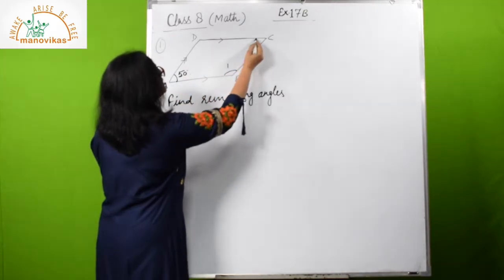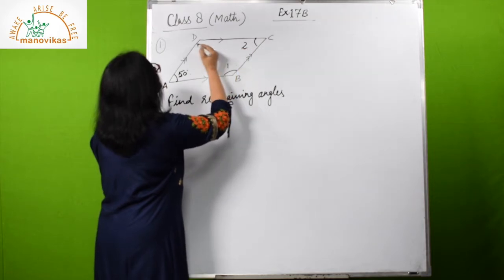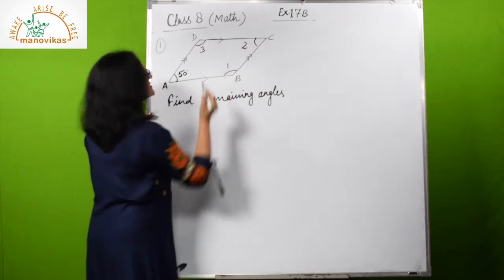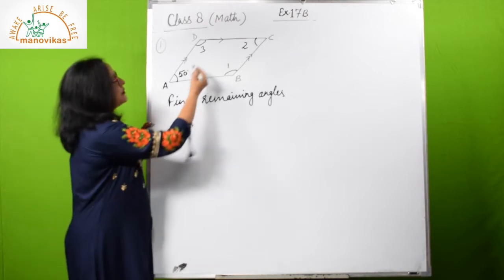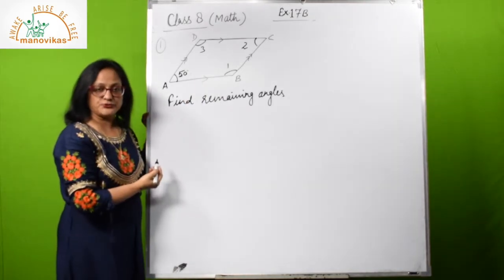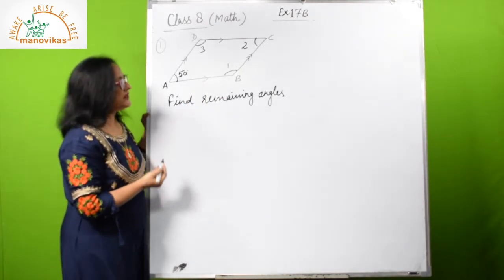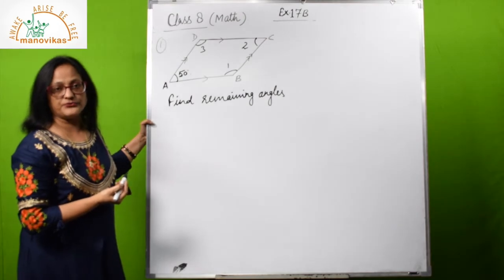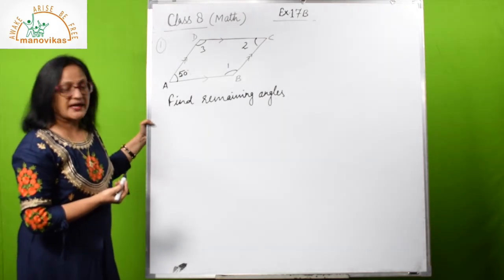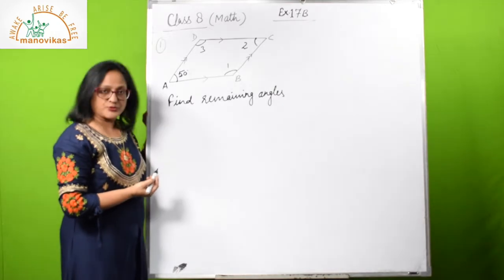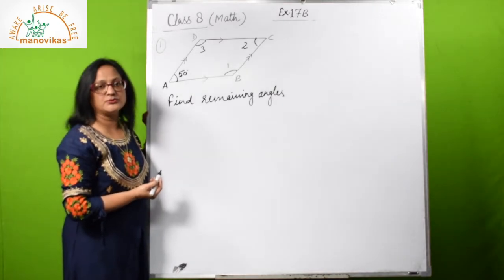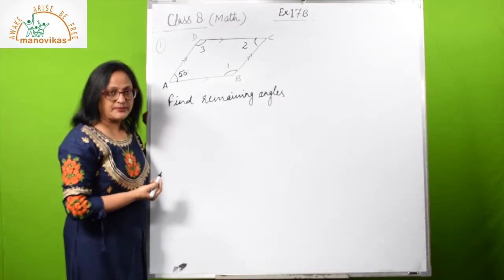For the sake of convenience, I am giving them numbers so that we can easily mention which angle we are taking. Now, parallelogram property, if you remember, I have given you three categories of properties. One is the angle property of a parallelogram, second was the side property, and the third one was the diagonal property of a parallelogram.